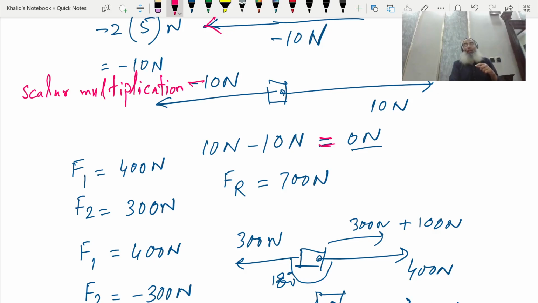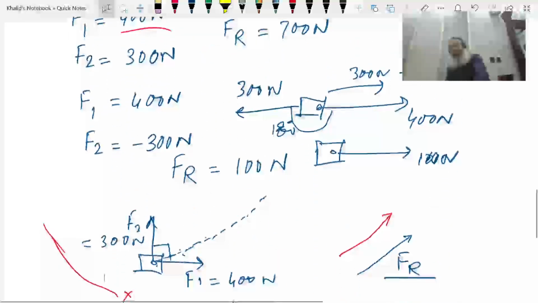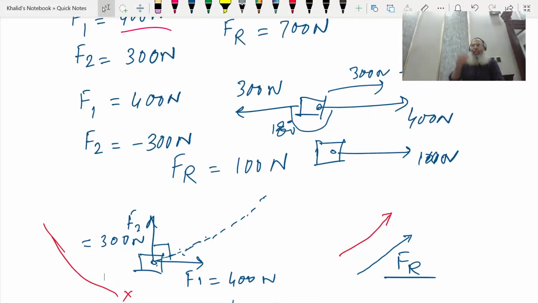And the second one is we have 400 Newton force in one direction and 300 Newton force in the other direction. What will happen? In this case, without knowing a single principle of mechanics, you can say that the 400 Newton force will win and the body will start moving in that direction.